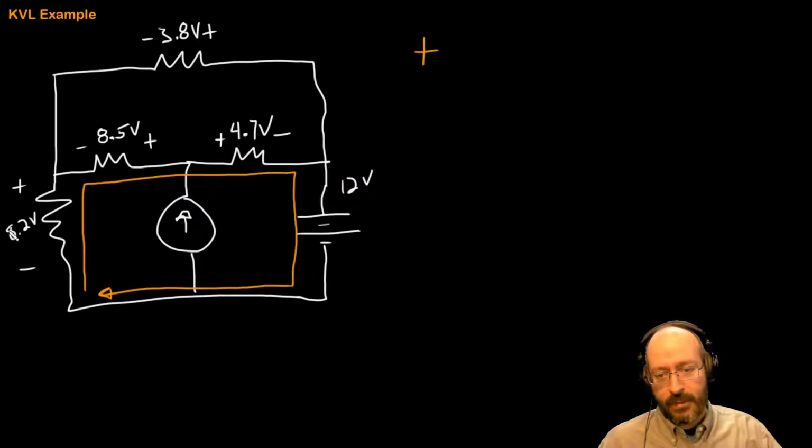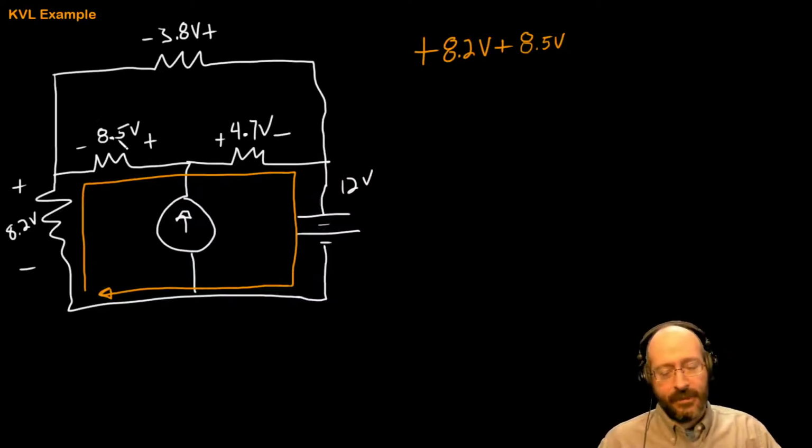Then I write whatever's labeled there, a positive 8.2, and that's in volts. From that node, I move to the right, and I'm moving again from the negative side to the positive side, so the next term again is going to be positive, 8.5 volts, whatever's labeled there.